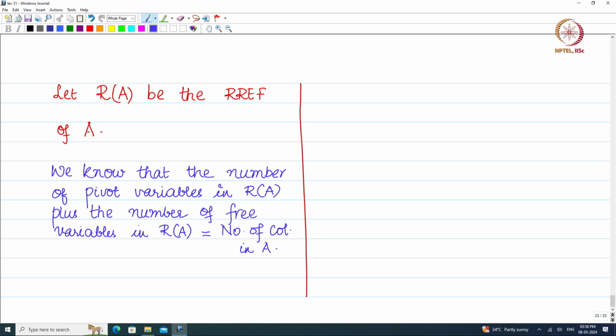If you add the two together you will get the number of columns of A.